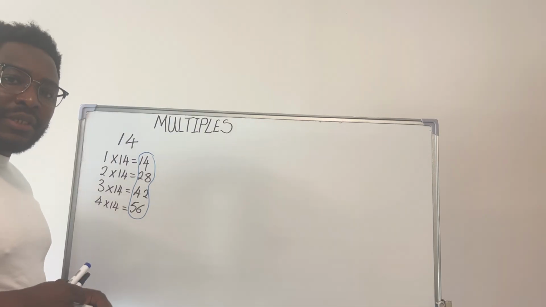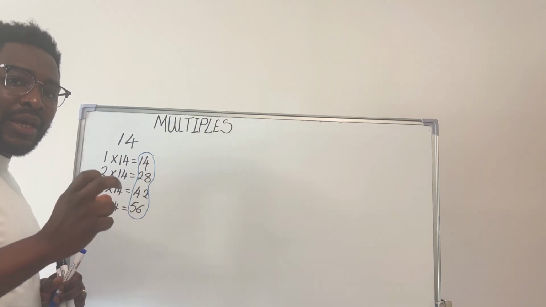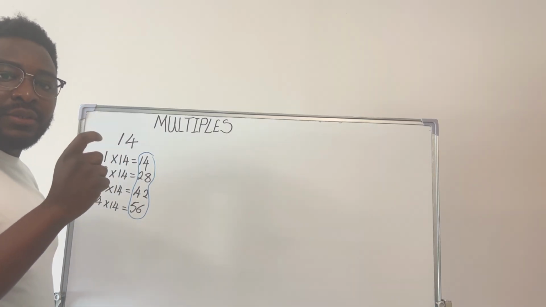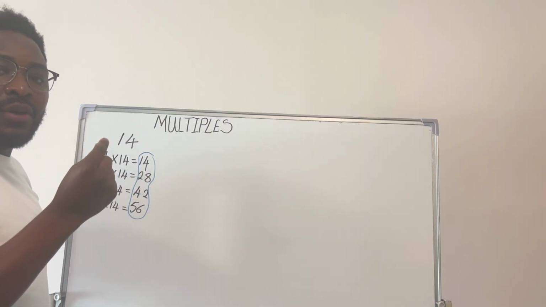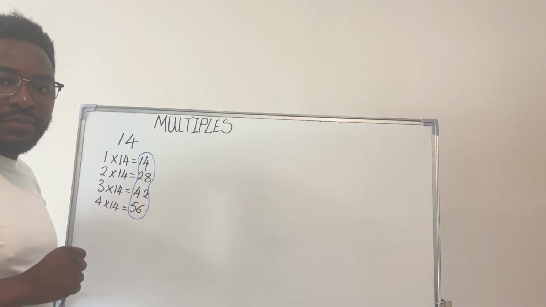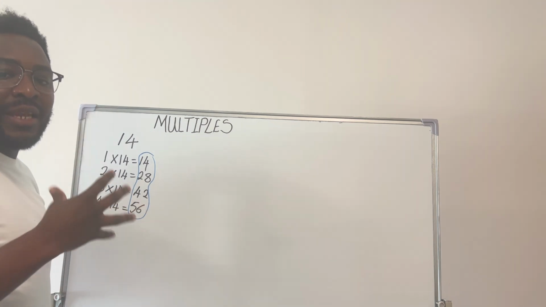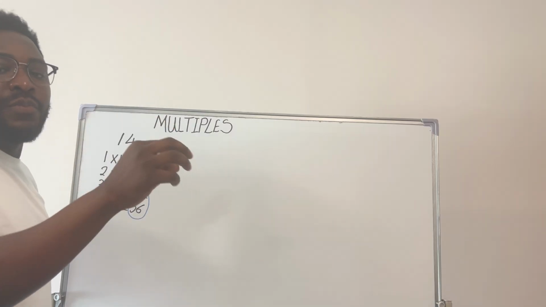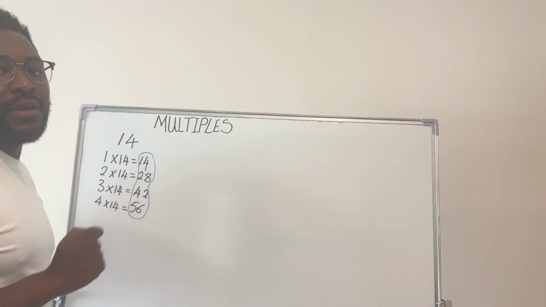We can also say that multiples of a certain number will be divisible by that number. That's what we mean in other words. Multiples of a certain number will be divisible by that number.